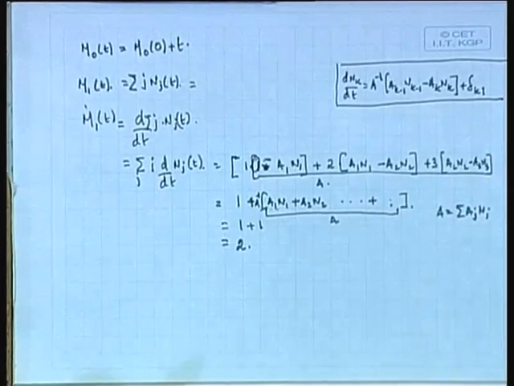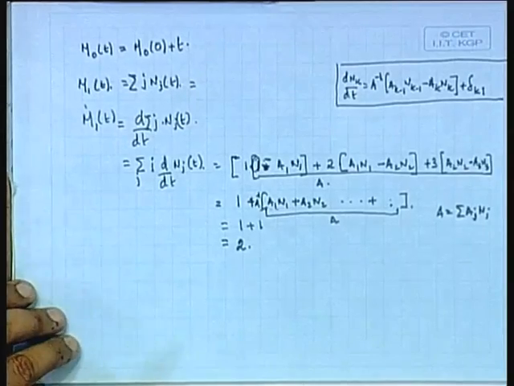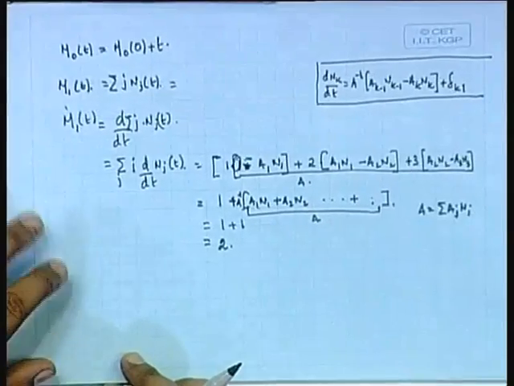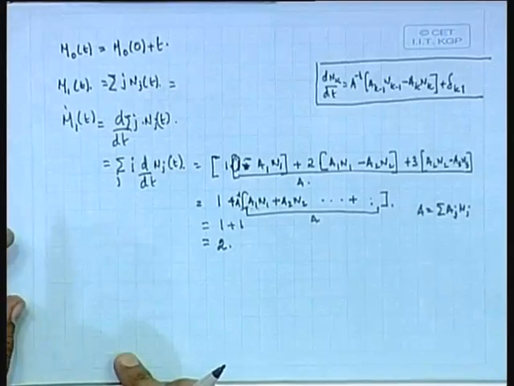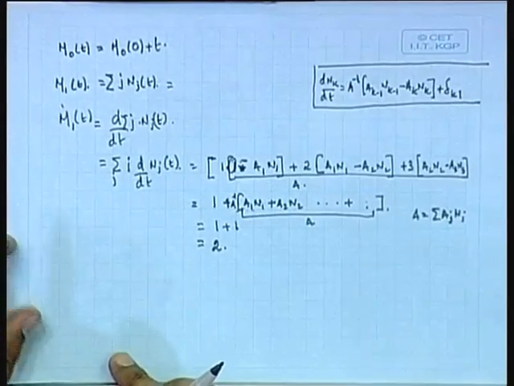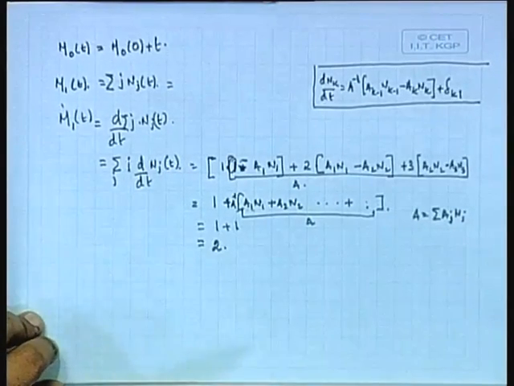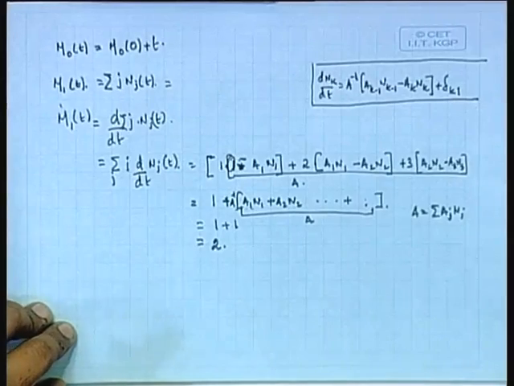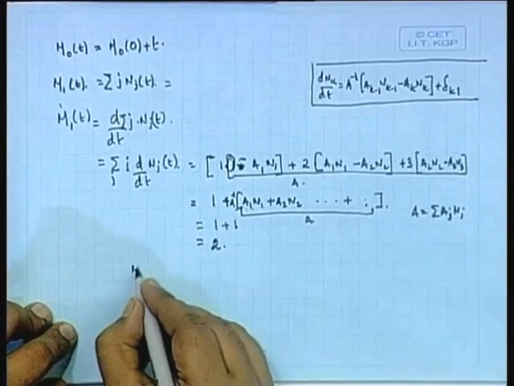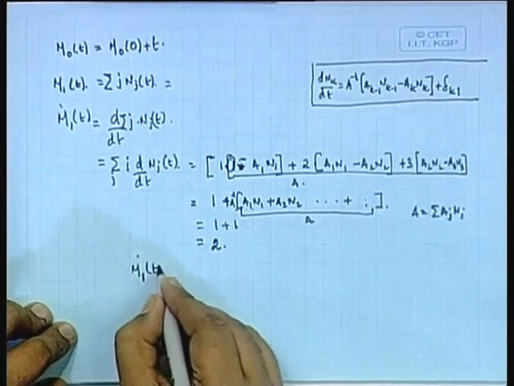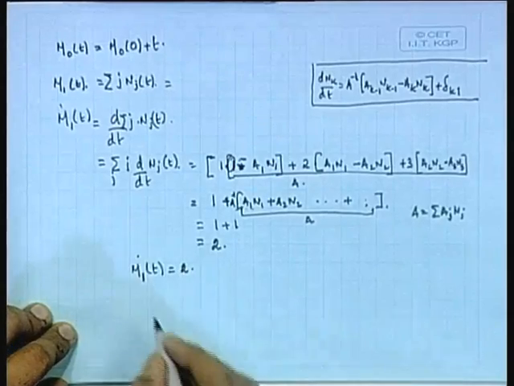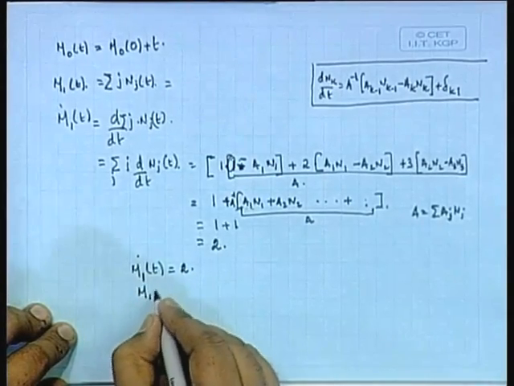So, this becomes 1. I hope I am clear. So, then m1 dot t is equal to 2.